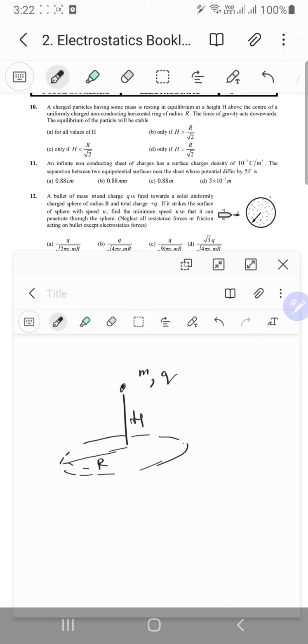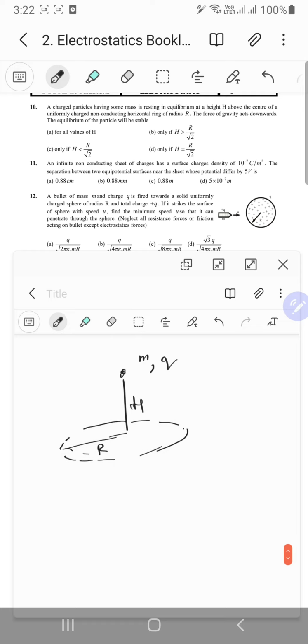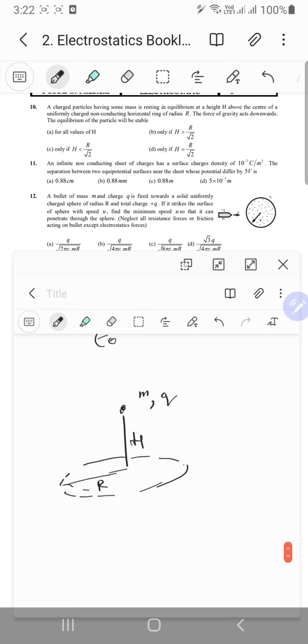The force of gravity acts downward. Fine. Is that the orientation that they want us to put it in? Is it horizontal though? Height h above the center of the uniformly charged non-conducting horizontal ring of radius r is uniformly charged.